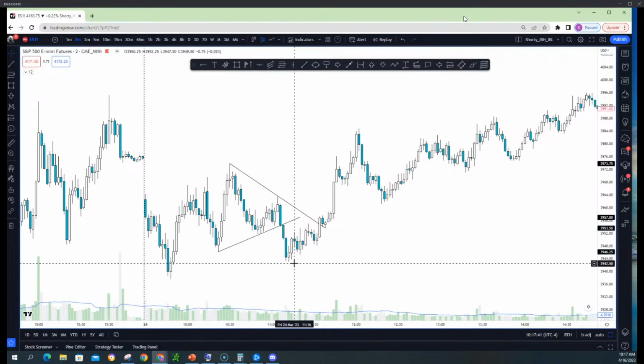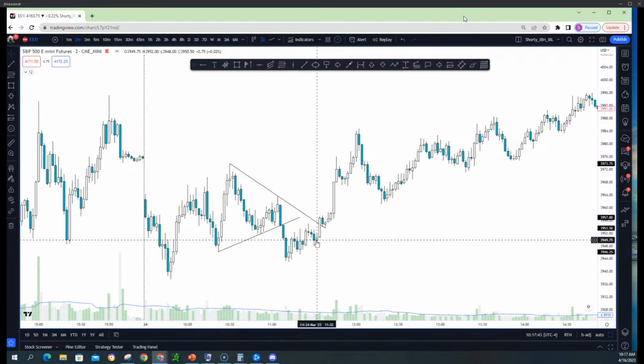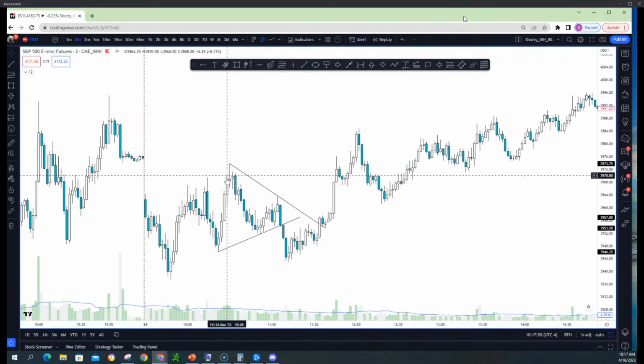The market's like, okay, never mind, we'll take your money from here and then sweep the whole liquidity. They swept the liquidity to make sure whoever is a big buyer or seller has enough for the big sale or purchase.